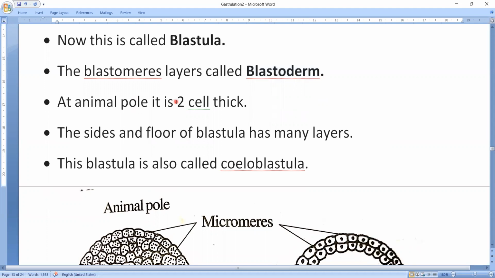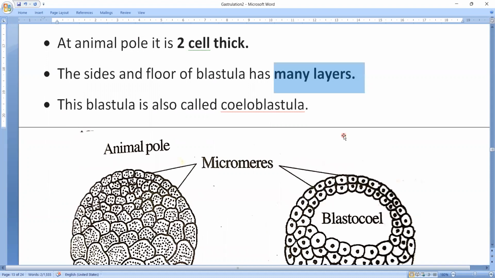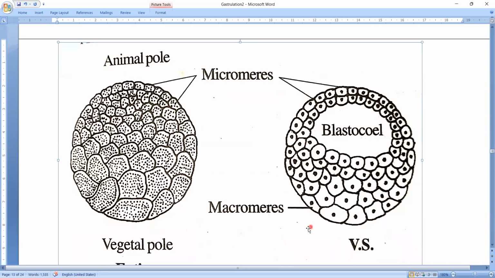At the animal pole it is just 2 cells thick. The sides, the lateral part and the floor of the blastula have many layers. This blastula is also called coeloblastula or haloblastula. See, this is a blastula, and this is its vertical section.